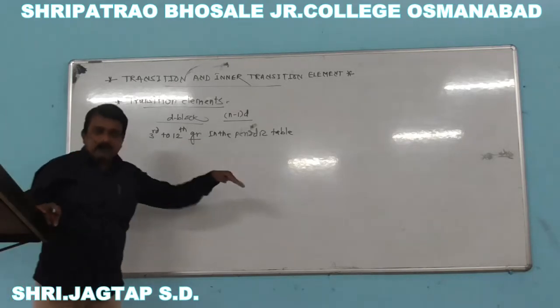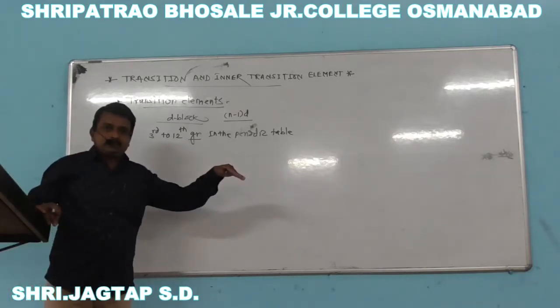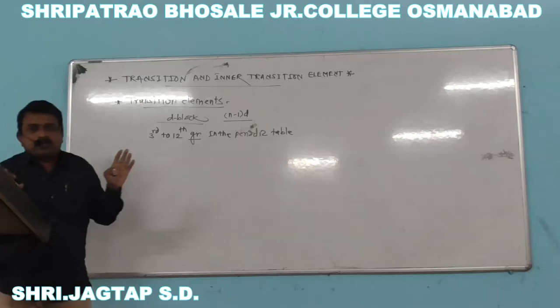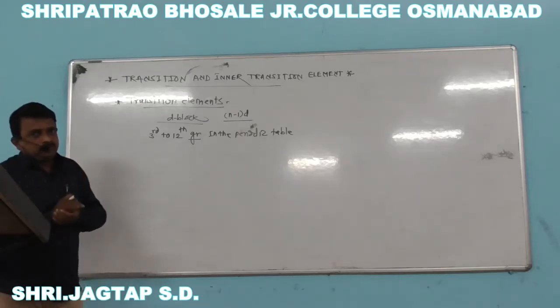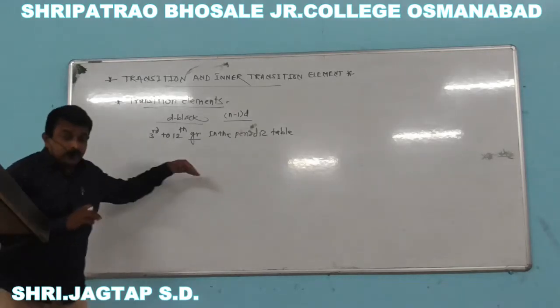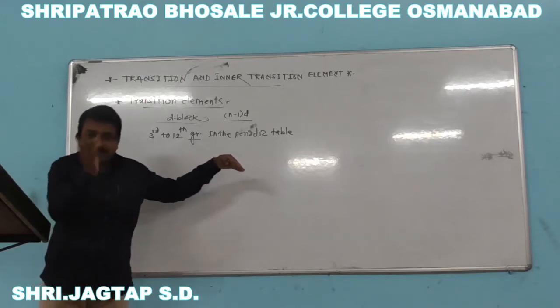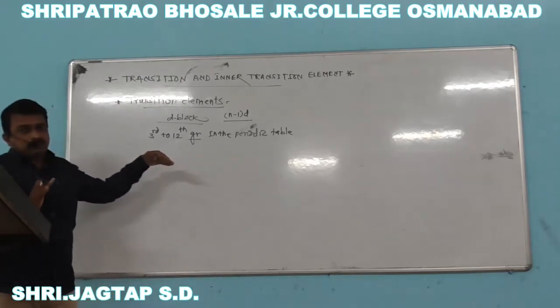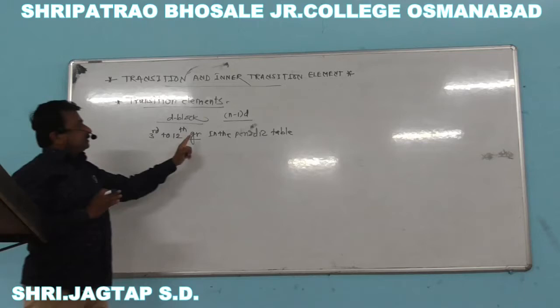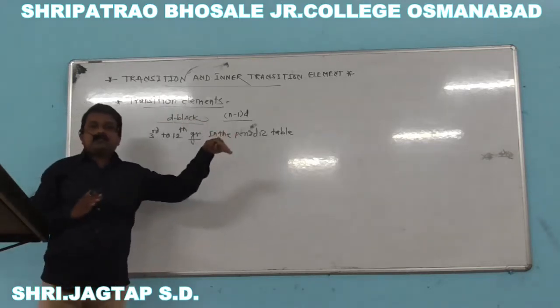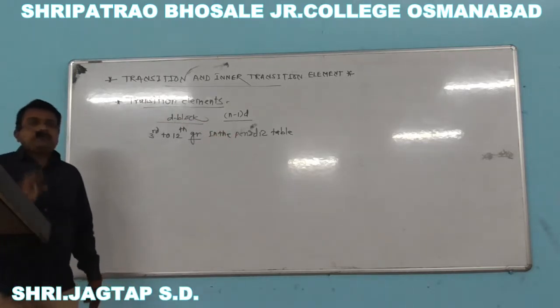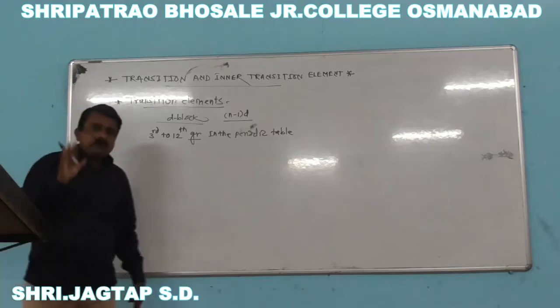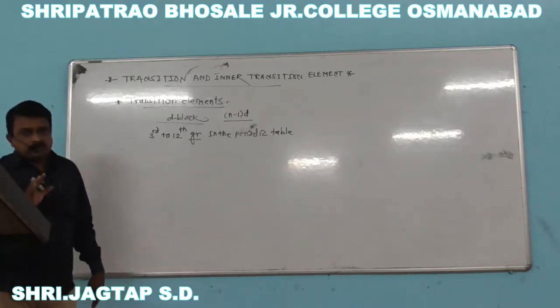These elements contain incomplete n minus 1 d orbitals. The n minus 1 d orbital is the second to last orbital. All these transition elements have partially filled or incomplete n minus 1 d orbitals.